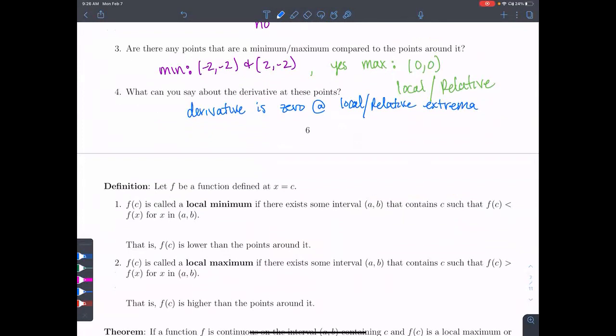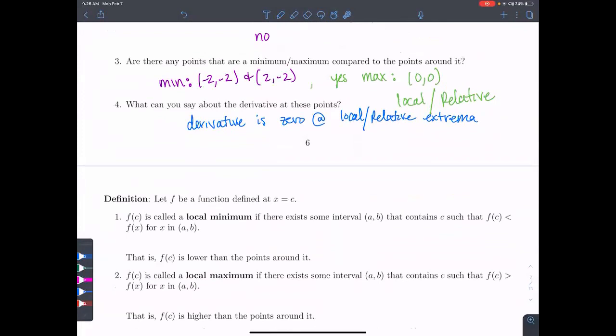So f is a function defined at x equals c, so the function doesn't have a hole or discontinuity at x equals c. f of c is a local minimum if there exists some interval (a, b) that contains c, such that f of c, the y value at c, is less than the y values for the x values everywhere else in that interval.